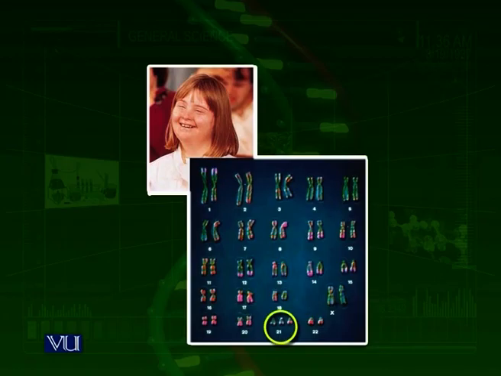And the reason is that, if you can see in the yellow circle, chromosome number 21 has, rather than two normal homologs, three homologs. Just non-disjunction in one chromosome only out of 23 pairs. In just one pair, there is a non-disjunction.